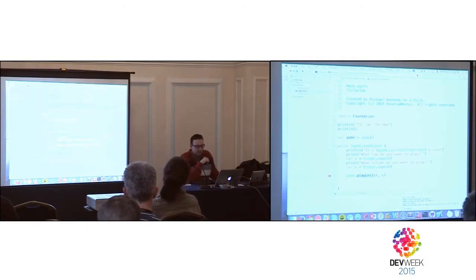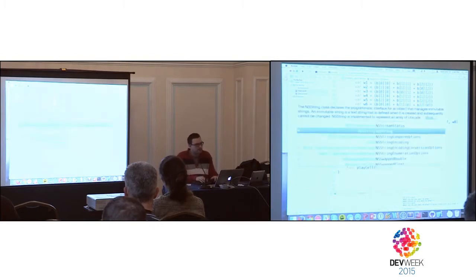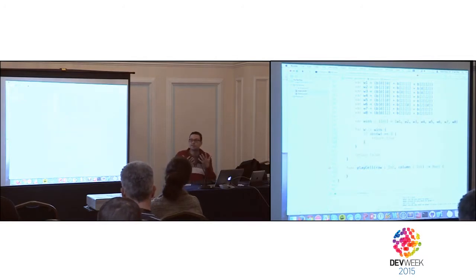It says there is no play cell function, so let's go write that down here. So we can say func, just like you do regular functions. Then we're going to give it a name, so row, colon, that's an integer. And we're going to give it a column, colon, int. And it's going to return, let's say it returns a bool because they could have already played this.